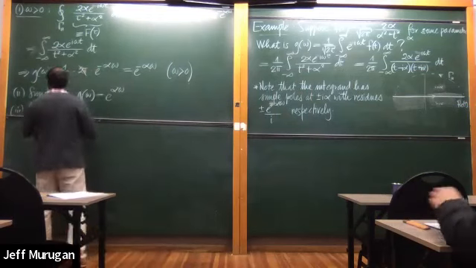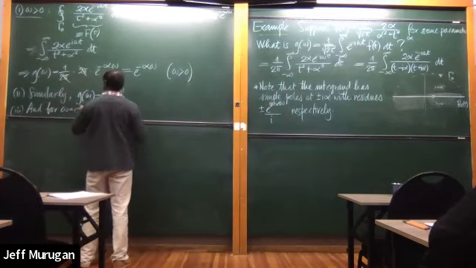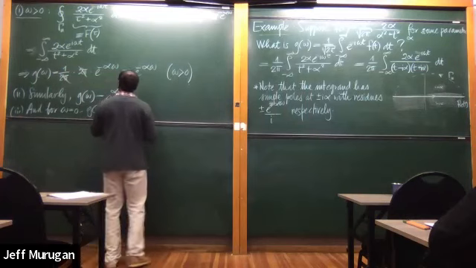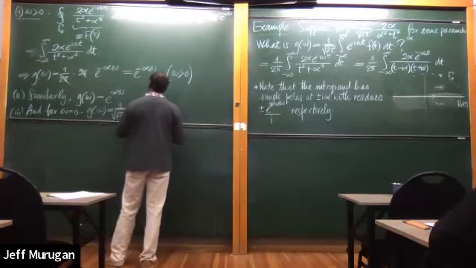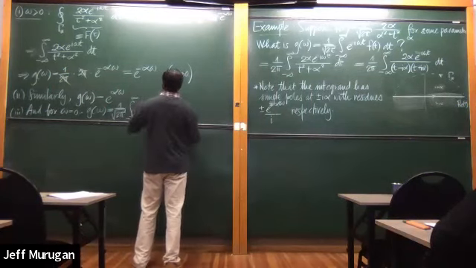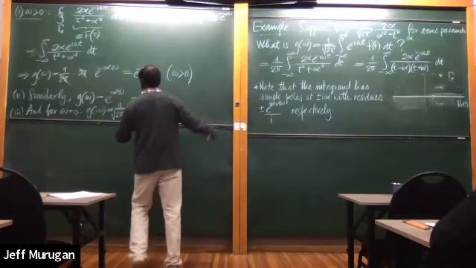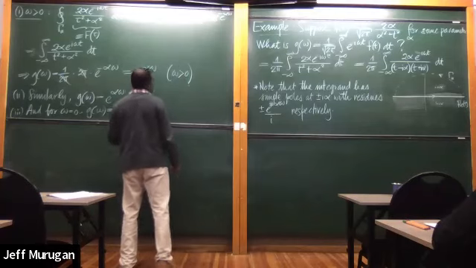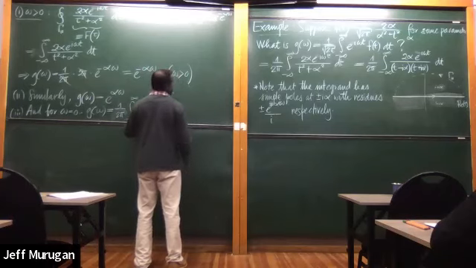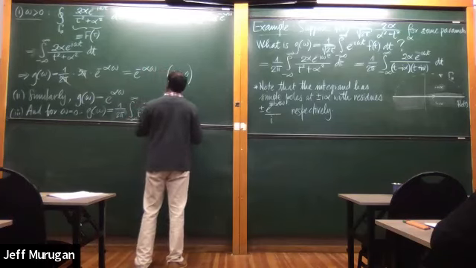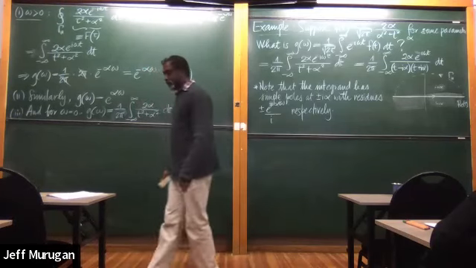And finally, when omega equals 0, our integral of g of omega is 1 over root 2 pi, the integral from minus infinity to infinity of 2 alpha over t squared plus alpha squared dt.